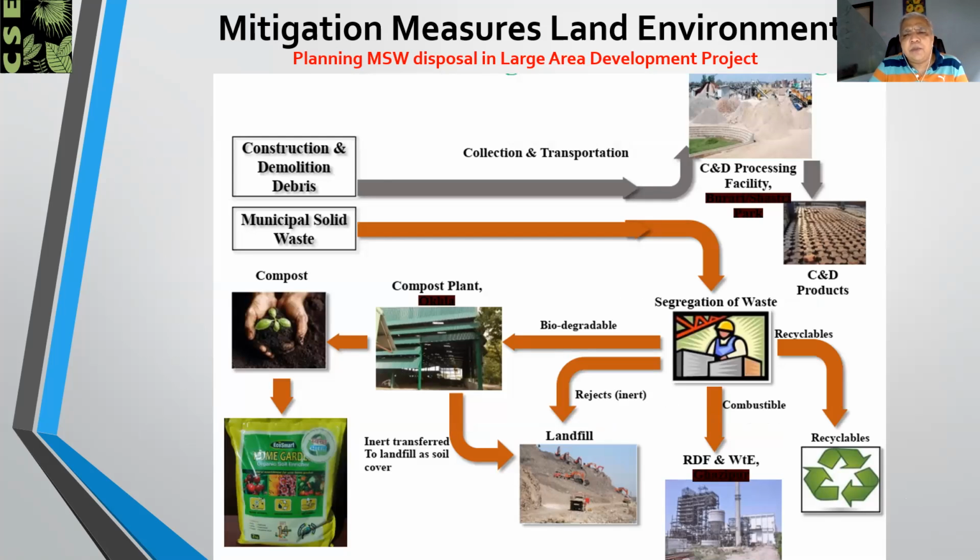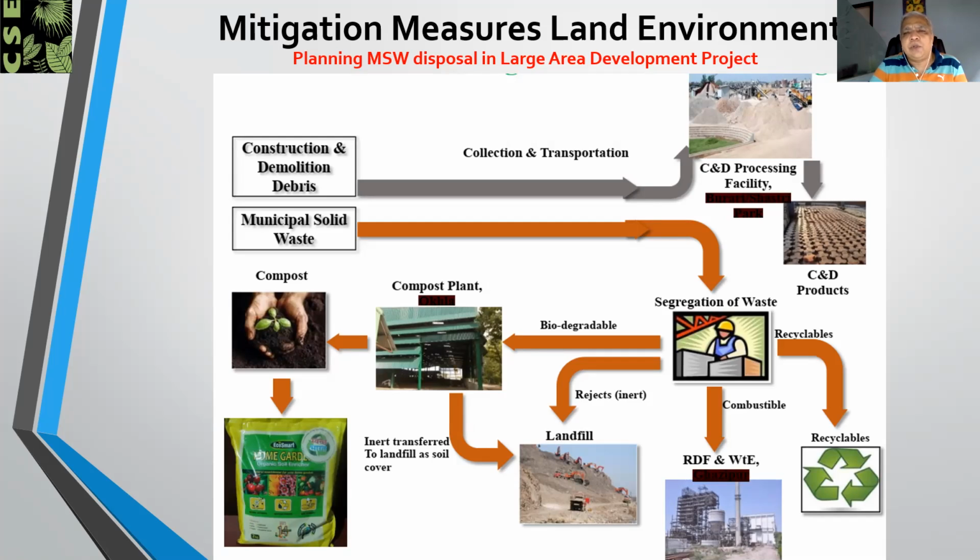A simple diagram illustrates how a management strategy for a large area development is to be developed. For a large area development project, as we know, construction and demolition debris will be there, which needs to be collected, stored, and transported to a processing facility, or some reuse of it should be made.